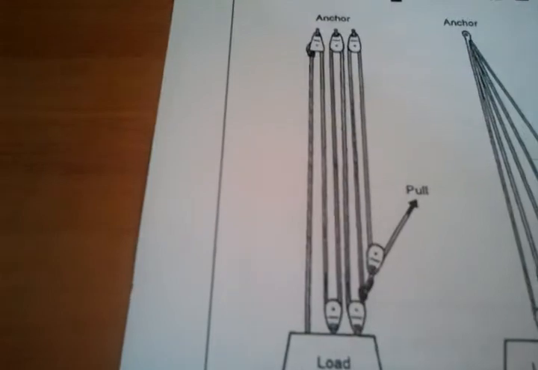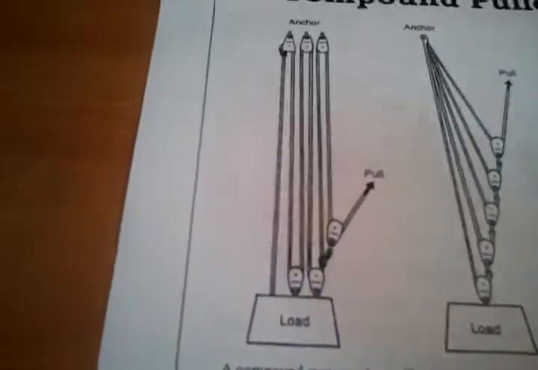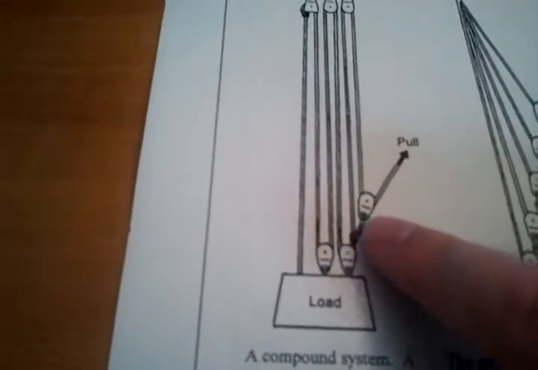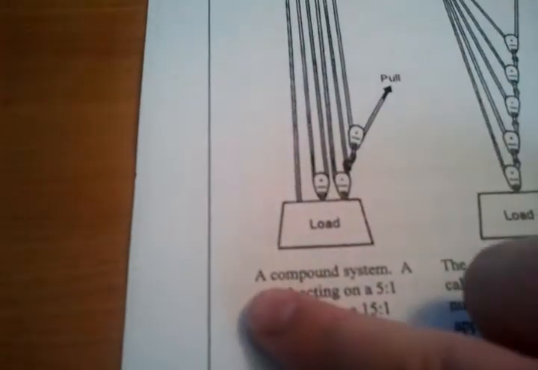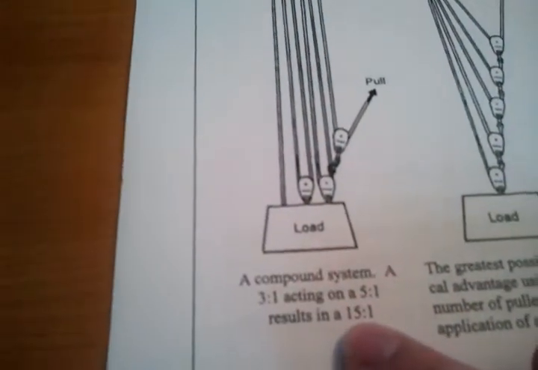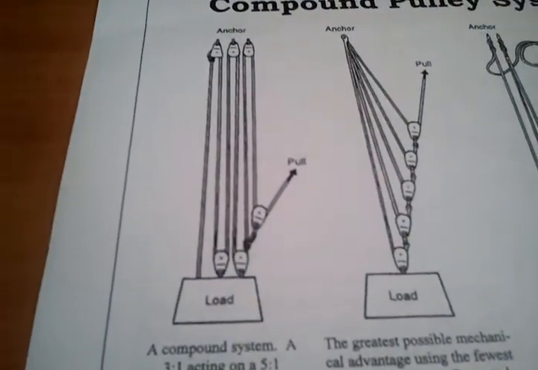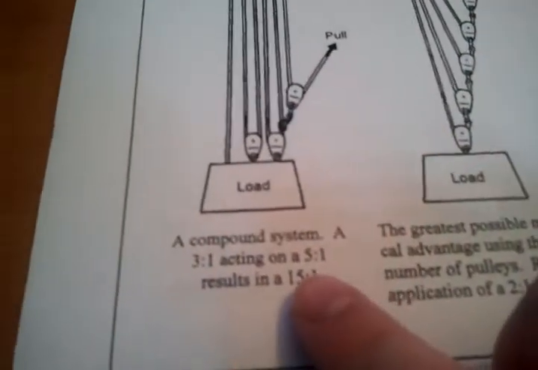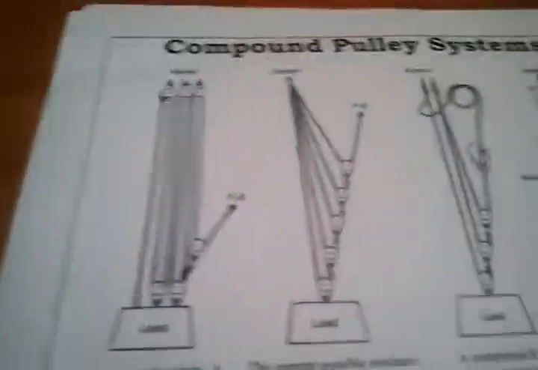You'll see the 3-to-1, and then you have it acting on a 5-to-1, and just by adding this prusik here it makes it a 5-to-1. If you do 5 times 3, it's 15, so it's a 15-to-1.